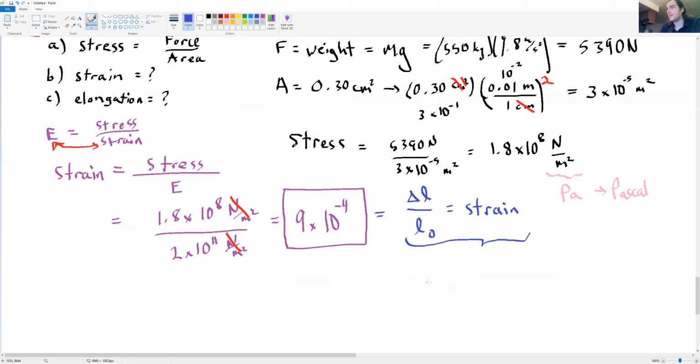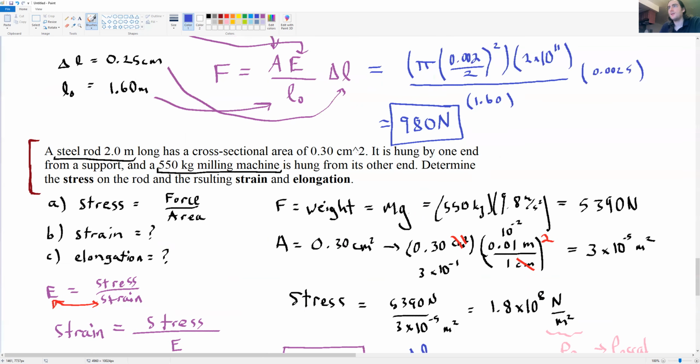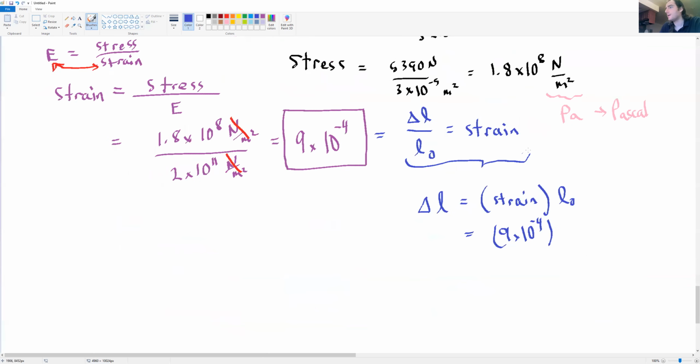We can rearrange this equation so that we have delta L equals strain times L0. The strain is 9 times 10 to the minus 4, and L0, we read it from the question, is 2 meters. And so our elongation is 1.8 times 10 to the minus 3 meters, or in other words, 1.8 millimeters.